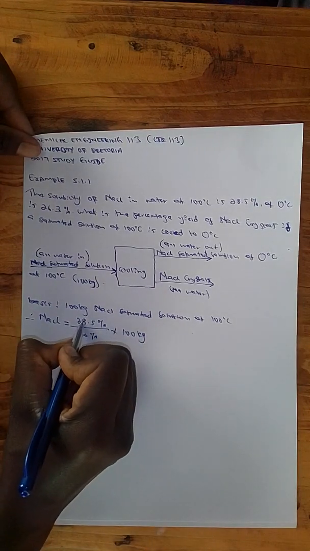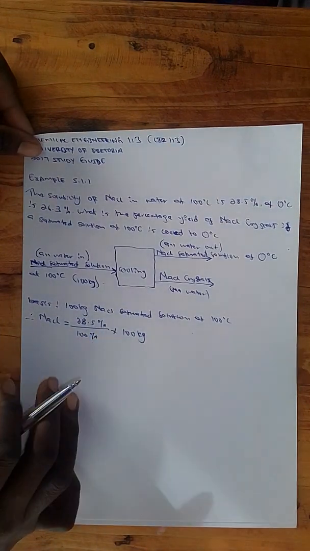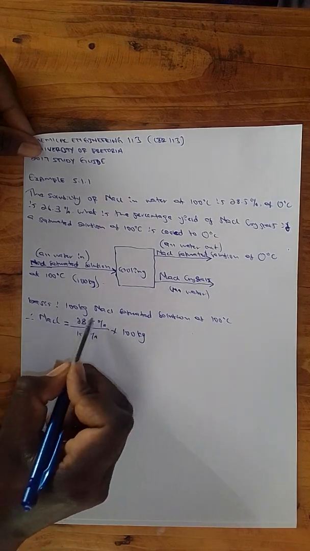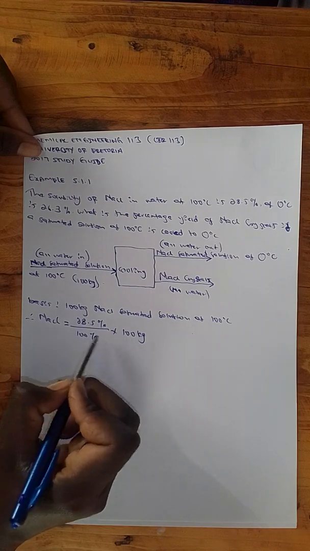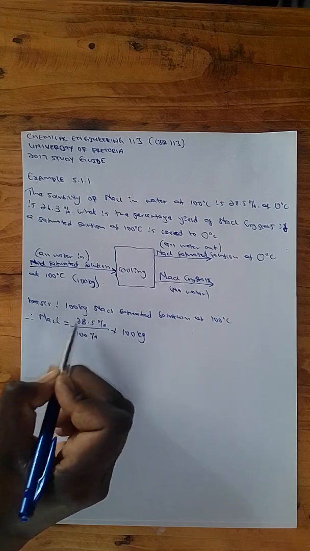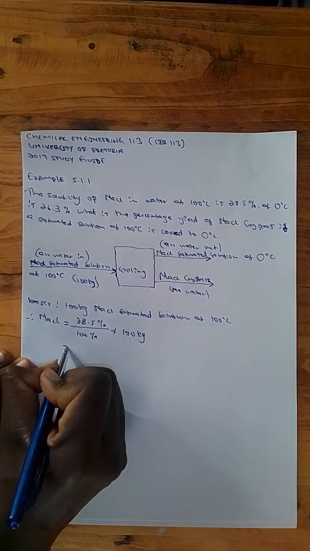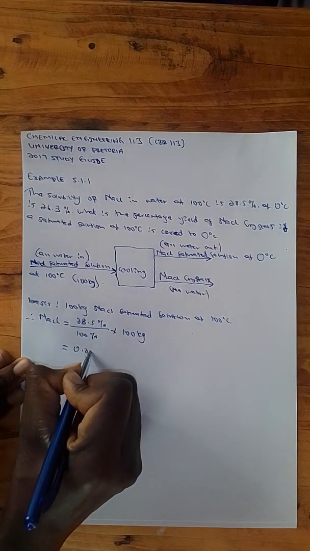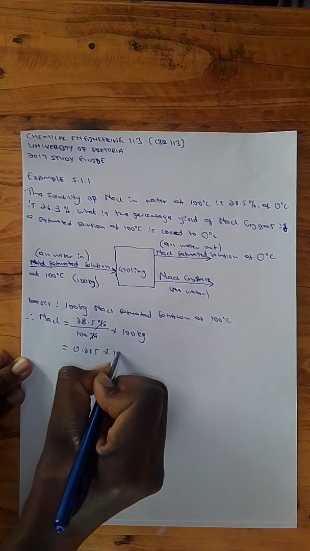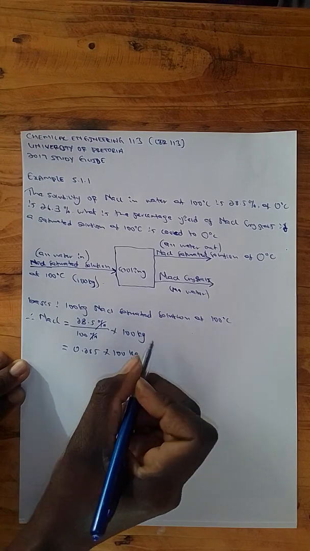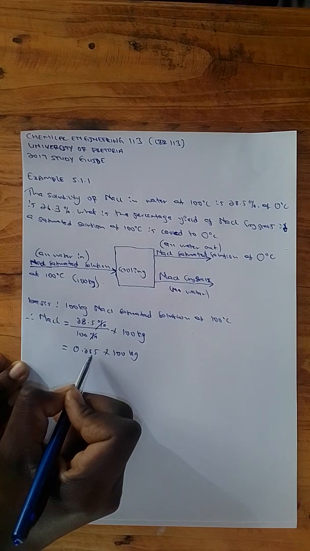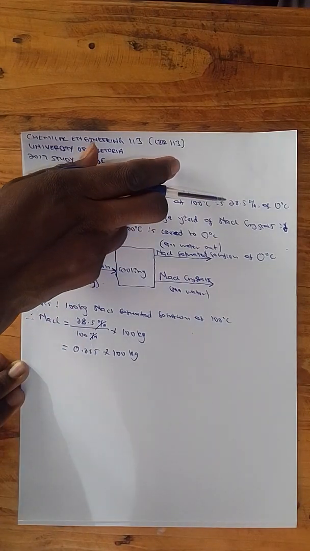Remember, as we covered earlier in the first section, when you take the percentage over the total percentage, this gives you the mass fraction. So we get 0.285 multiplied by 100 kilograms. The mass fraction of NaCl is 0.285, and we got it using the percentage.